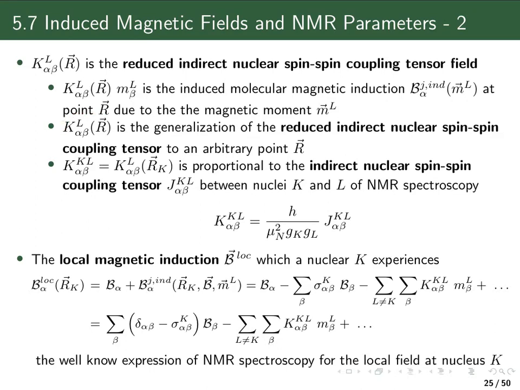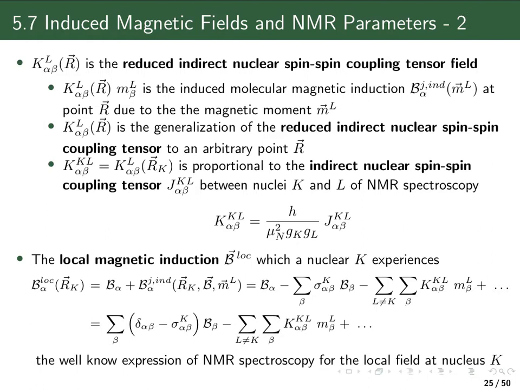This reduced indirect nuclear spin-spin coupling tensor field is the generalization of the coupling tensor, which means the reduced indirect nuclear spin-spin coupling tensor K_KL alpha beta is just the value of this field at the position of nucleus K.